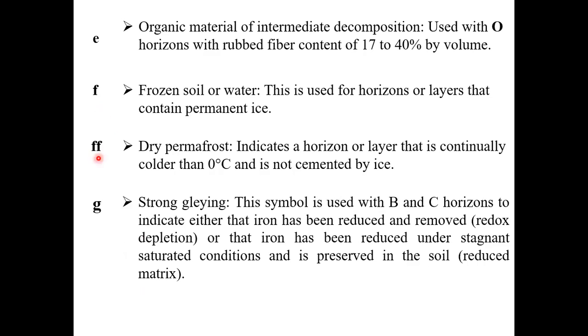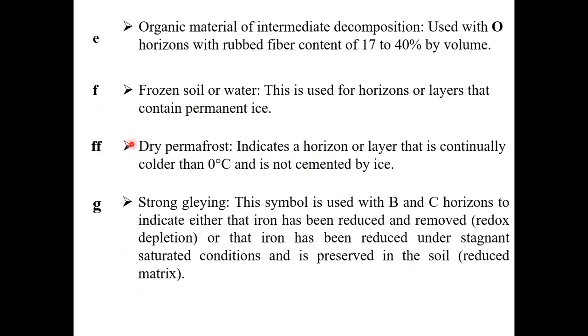Like this, students, ff, if you put double f, means dry permafrost, indicating the horizon is continuously cooler than zero degrees. The only difference is that here you can't see any material cemented by ice. Here also you can see dry permafrost, some frost material. Here you can see ice, but in some frosting material.